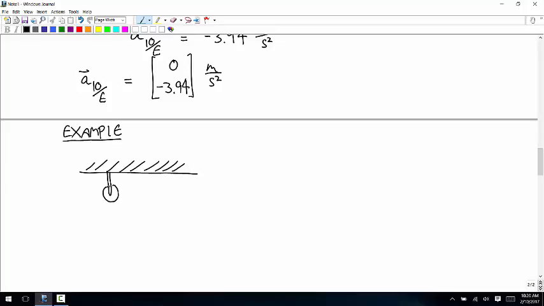There's a pulley hanging from the ceiling there. And we have this system of hanging pulleys. It's a little hard to draw.